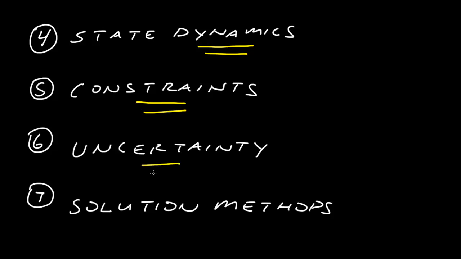Number 6, this is another one that we will not really cover in this module, but it's worth mentioning, and that is uncertainty and quantifying the amount of uncertainty in our data sources. So we're dealing with variables, we're dealing with numbers that are used to achieve our conservation objective.